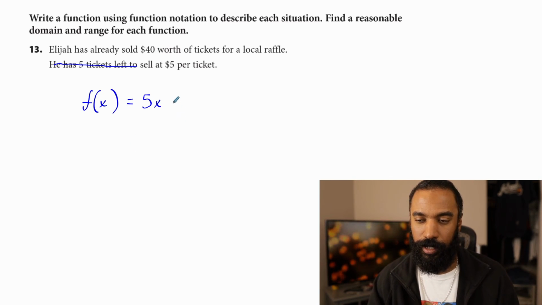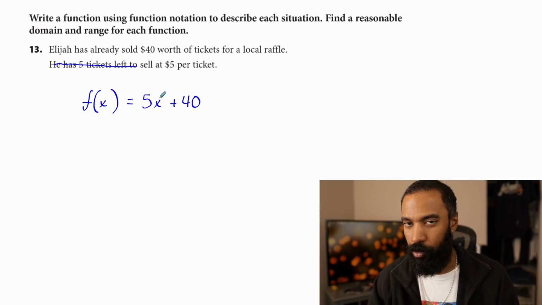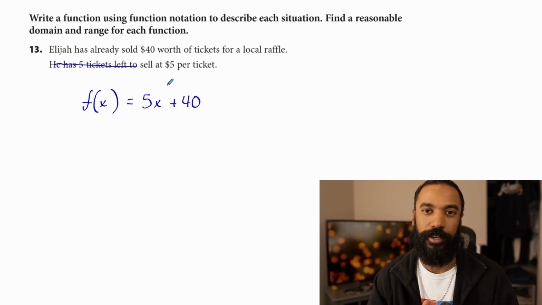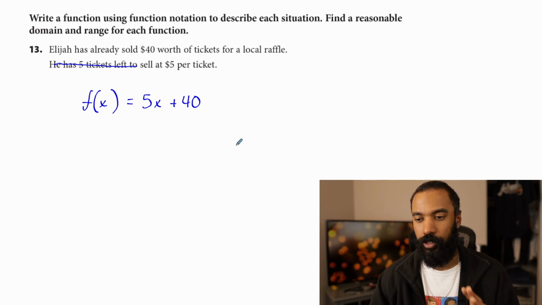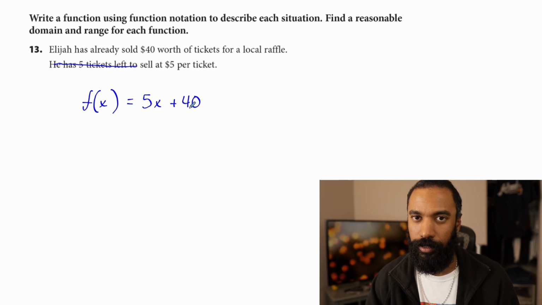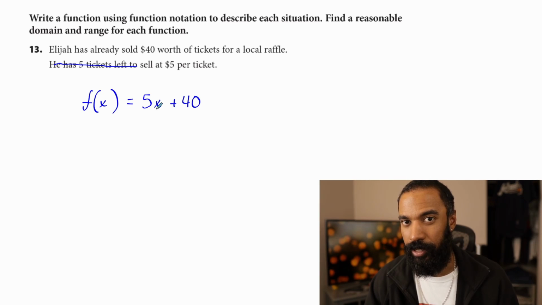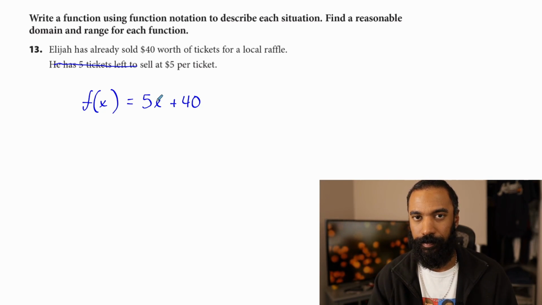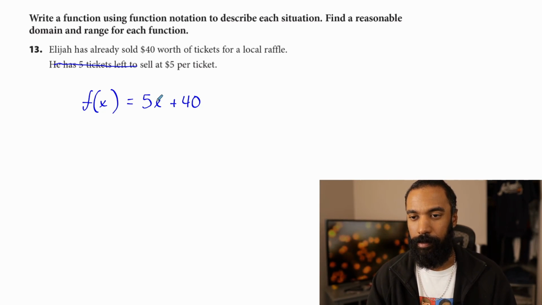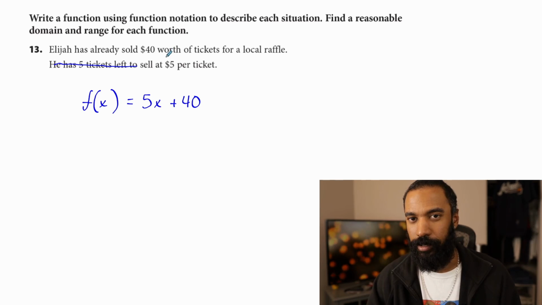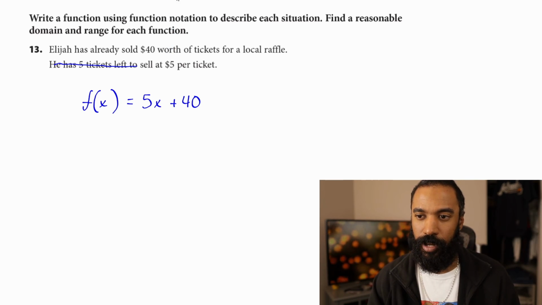He's already made $40. He's trying to sell some more. This is the function that establishes that. There's a starting point because he already has $40 made. $5 per ticket for the next x number of tickets he's going to sell can get him more money. Okay, so that part starts off there. The independent is the number of tickets, the dependent is the number of dollars.